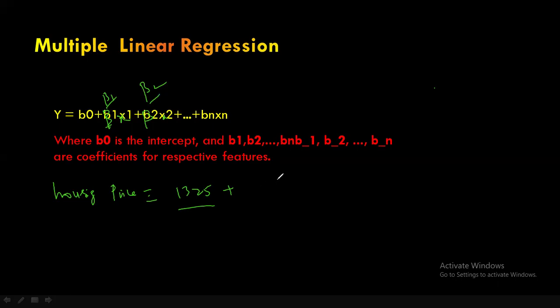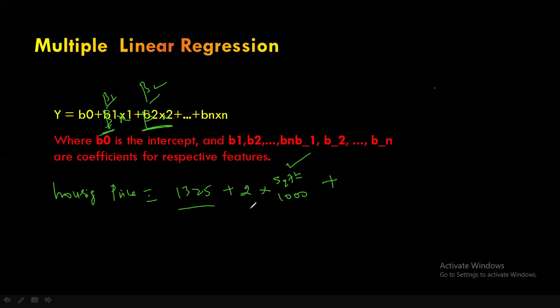Here, the square feet is 1000 square feet, and for that the beta 1 value computed by the model is 2, so beta 1 into x1, 2 into square feet, where the square feet is 1000 here. And then similarly, I have some other features, and for that, beta 2 x2.